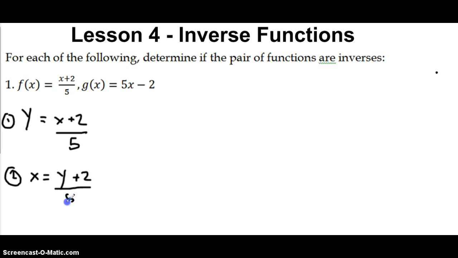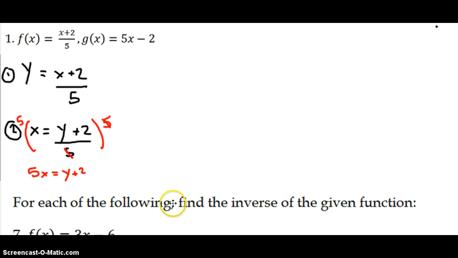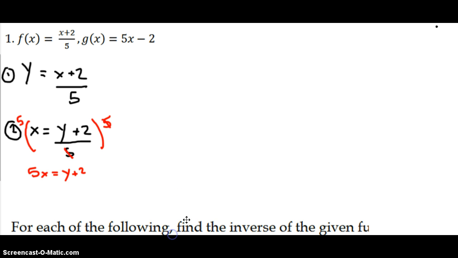From here, all you're doing is solving for y. So to solve for y, I multiply both sides by 5. These cancel, and I get a 5x on this side. So 5x is equal to y plus 2. We're going to subtract 2 from both sides now. Let's move this guy down just a bit. Okay.